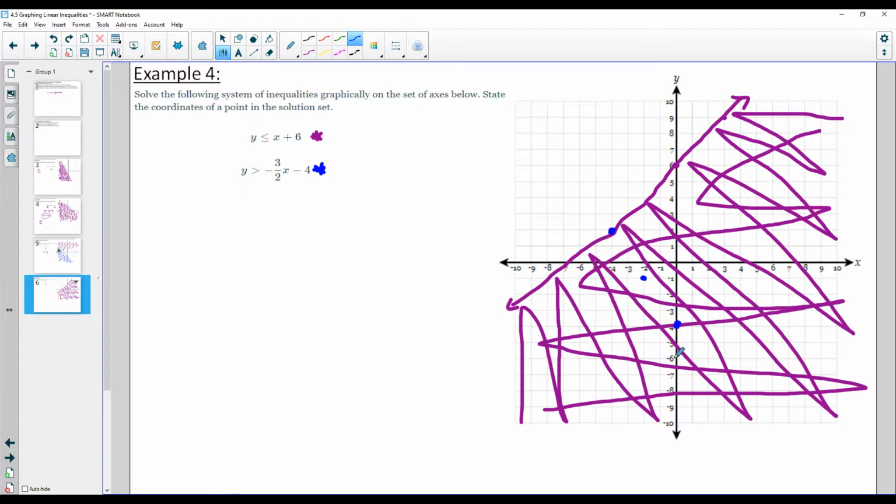I can go down 1, 2, 3 over 1, 2, and this one should be dotted, since it's just greater than. So that one's dotted. So here's my first line here. Here's my second one. The first one was solid. This one's dotted. And now this one is greater than. So the shading here is anything above.